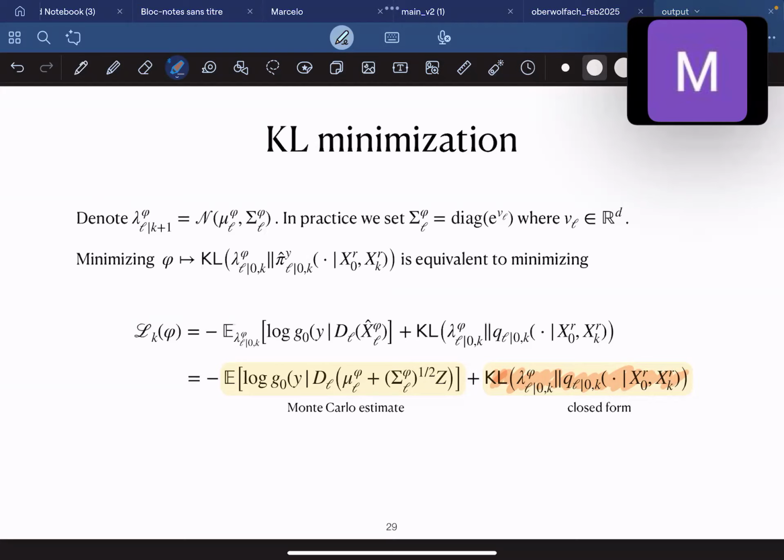And for the first term, which corresponds to the expectation of the log likelihood taken at the denoiser, you can get a Monte Carlo estimate of this term, and all in all, you can use stochastic gradient descent to minimize this loss function at each iteration. So the main message is that the minimization step inside the Gibbs sampler that we consider can be performed relatively efficiently.